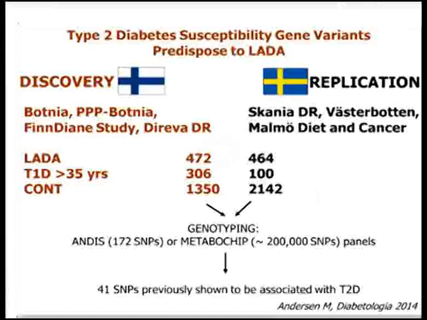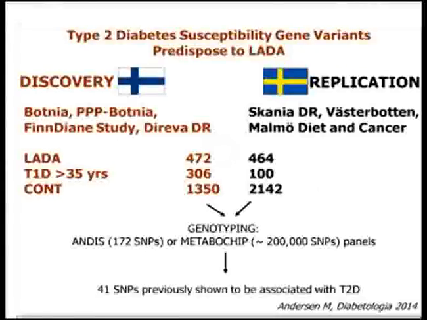And what about type 2? Two studies, one in Bothnia, Finland, and the other in Sweden, saw about 1,000 LADA patients and at the same time type 1 diabetic patients over the age of 35. They found that the single nucleotide polymorphisms, SNPs, seen in LADA patients matched those in some of the type 2 diabetic patients, which shows that LADA patients also have variants of type 2 diabetes.